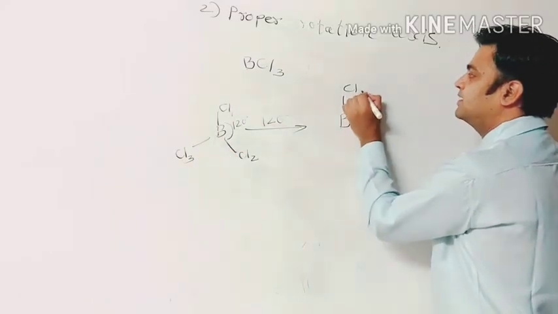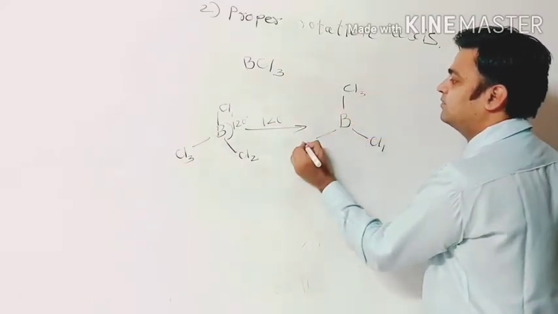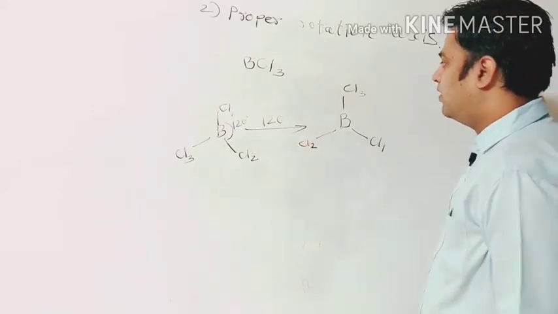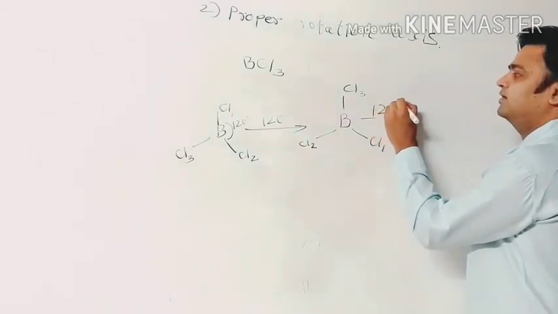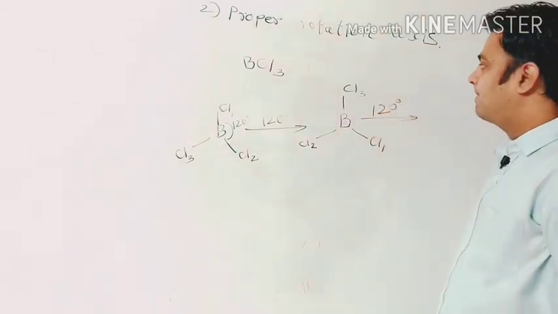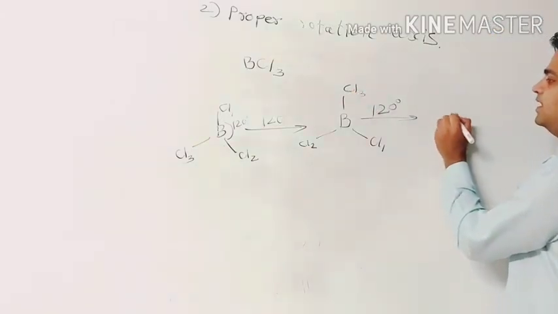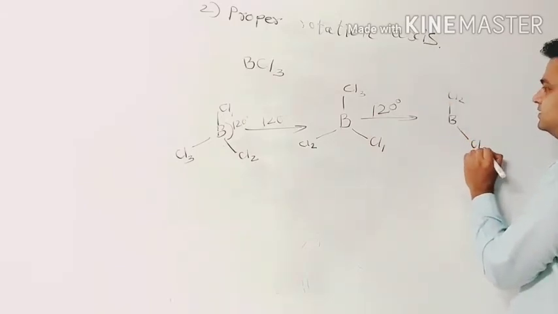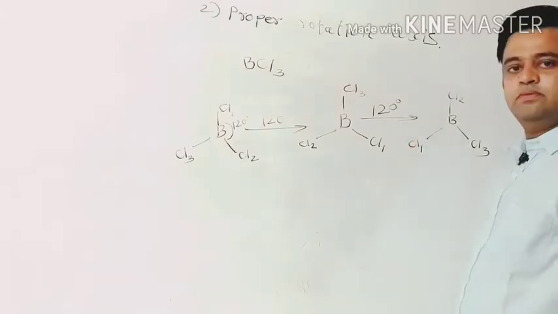Cl1 is replaced by Cl3, Cl2 is replaced by Cl1 and Cl3 is replaced by Cl2. Now again, you rotate it by 120 degree. What will happen? Cl3 is replaced by Cl2, Cl1 is replaced by Cl3 and Cl2 is replaced by Cl1.